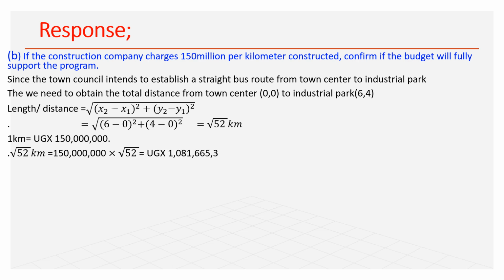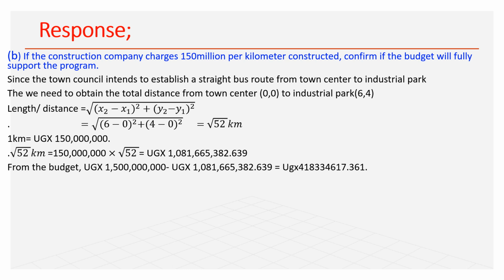About 1,081,365,382.639. So from the budget we realize that the money planned is 1,500,000,000.